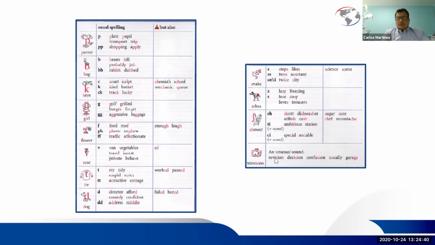So division, decision, confusion, usually, and garage. Notice how different combinations, SI, S, or GE, can pronounce the sound in television. Very good. Remember, one thing here with the animals: this is the phonetic symbol that represents the phoneme. And here we have the different letters. So this is the actual letter that you're going to write to produce these sounds.